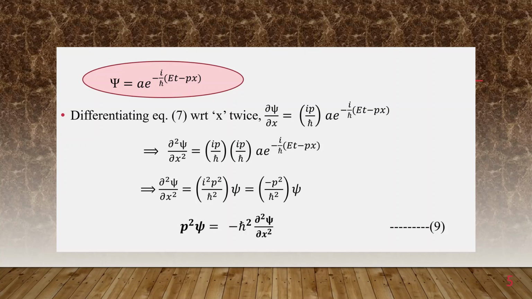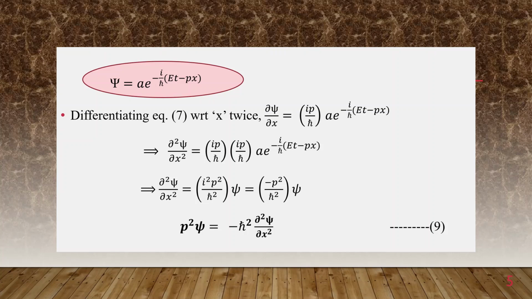That is what is written here, ip by h cross, into the constant a into the exponential function e raised to minus I by h cross into Et minus px. Taking the second order derivative, or second differentiation, dou square psi by dou x square is equal to, again differentiating the above equation. The equation written just above, once again we differentiate it.